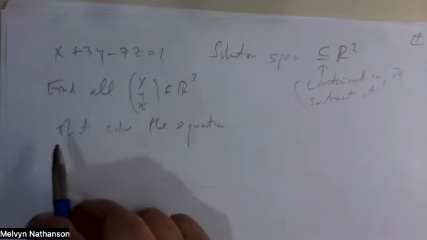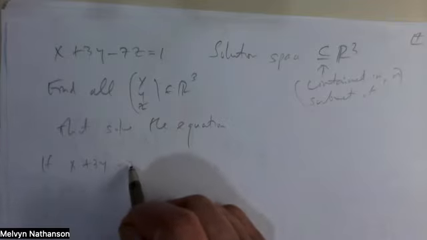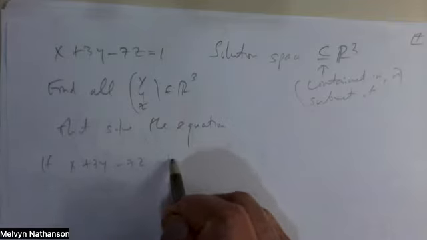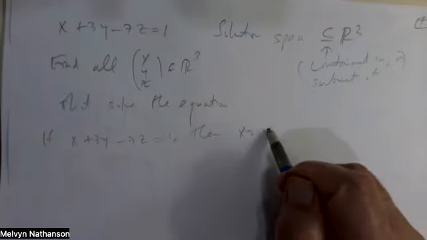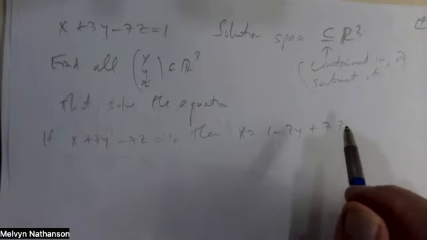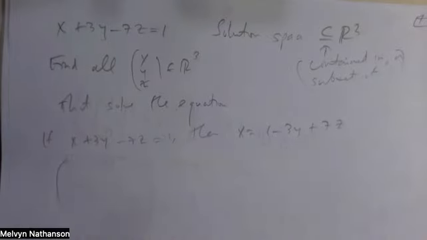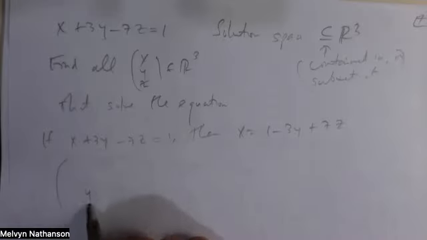So if you have a solution of the equation, if x plus 3y minus 7z equals 1, then certainly x is going to be equal to 1 minus 3y plus 7z. So if I choose any values at all for y and z, I have no restriction on what I can pick.